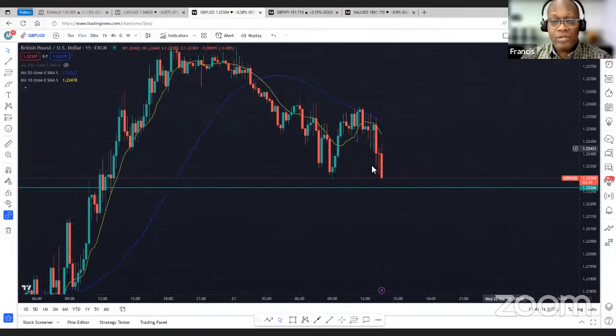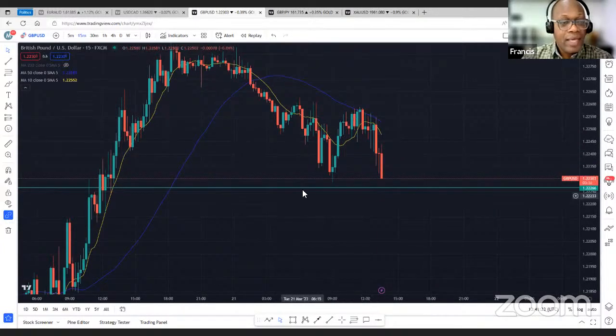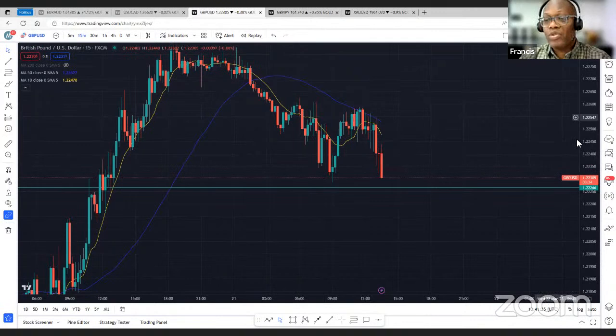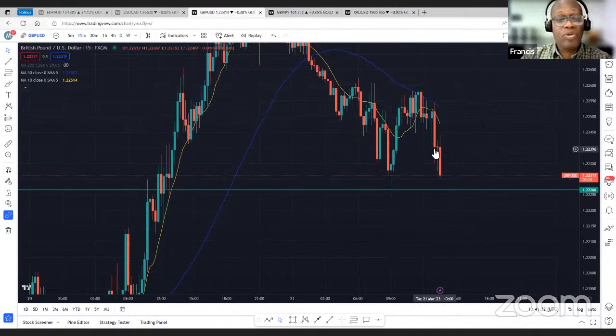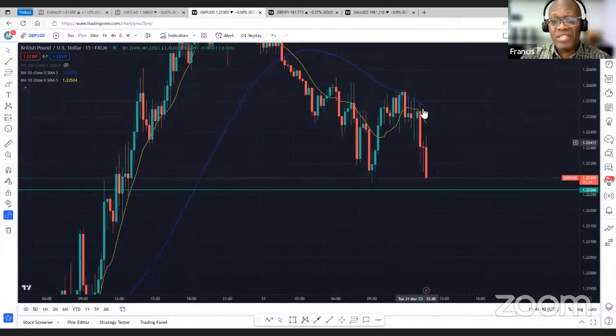Okay, so you see what I mean, guys. What you want to do is a backtest of what I just told you here. Whenever there's a big candle, a big push, either to the downside or upside, it usually gives a follow-through candle, which is equal to the size of that big push.